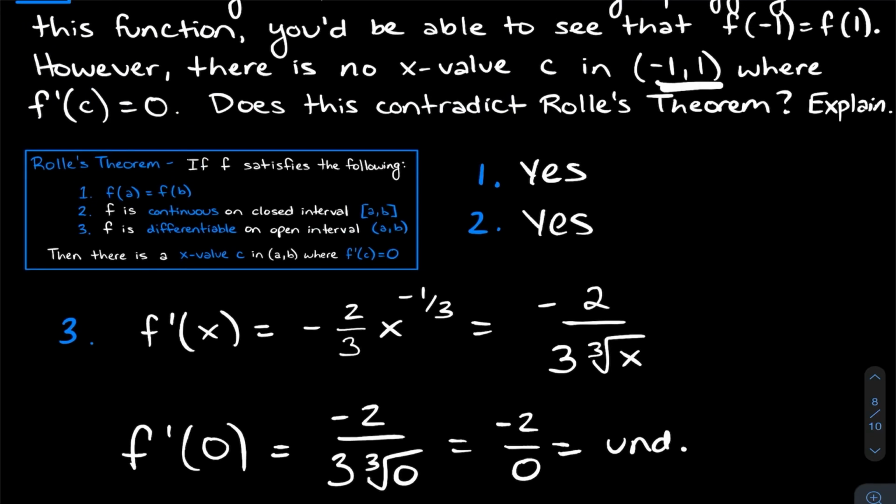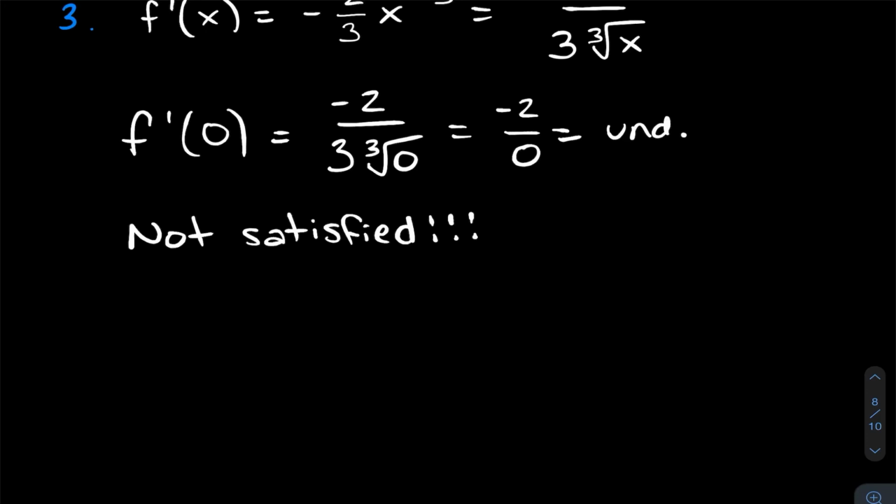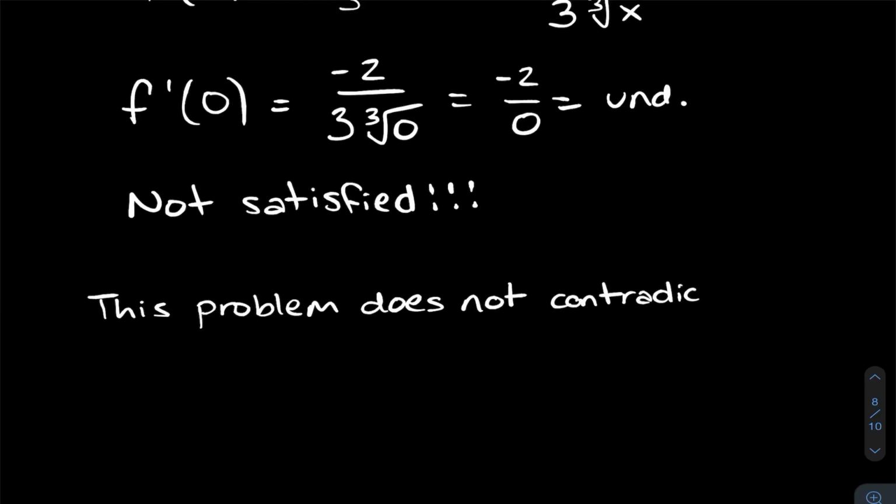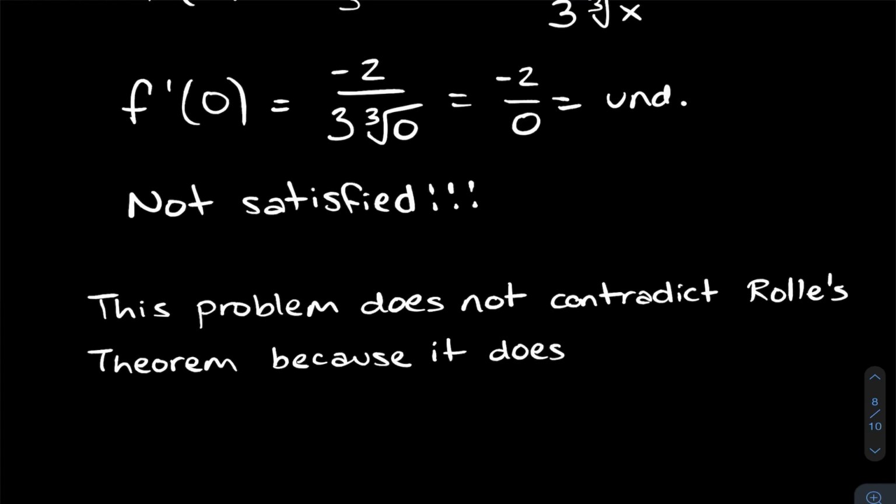And so the reasoning, we could say, here's my little paragraph here. This problem does not contradict Rolle's theorem because it does not meet, or you could say, actually, how about this?